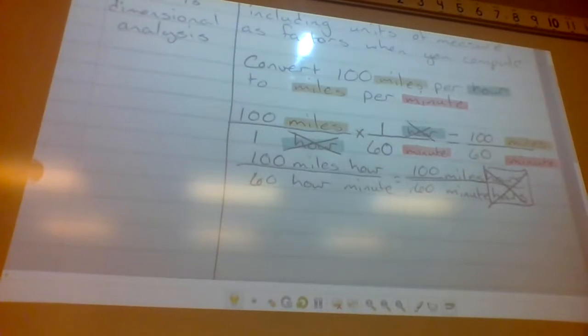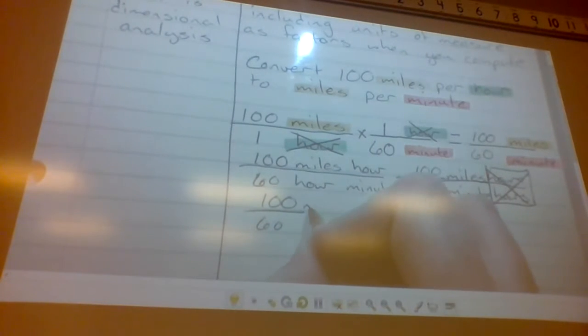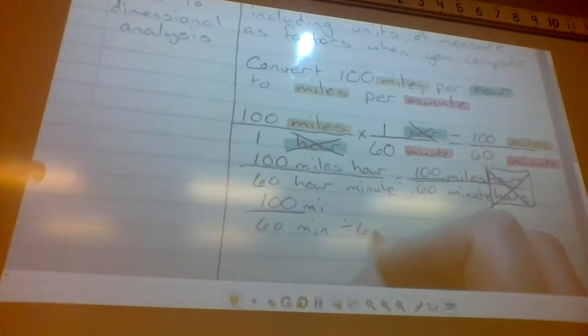And because it is a rate, what do we divide each one by? So 100 miles over 60 minutes, we're going to divide them both by 60.